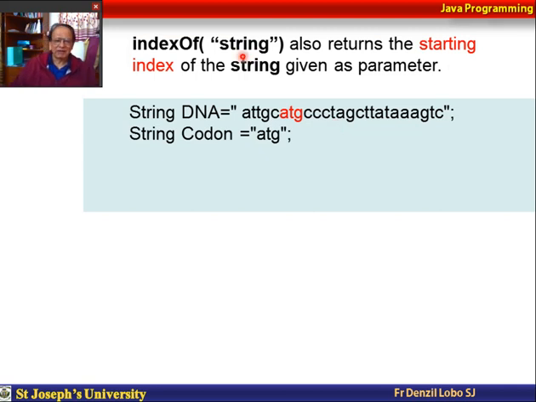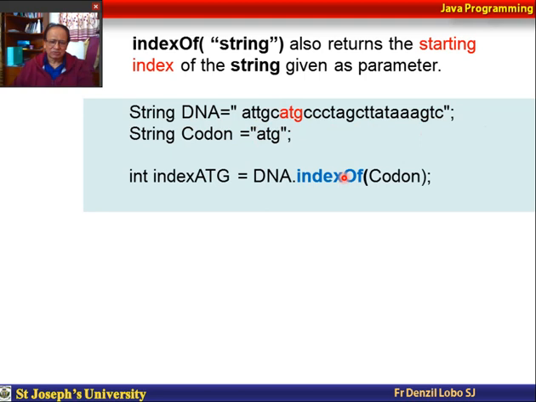For example, indexOf a string also returns the starting index of the string given as a parameter. For example, I have got a DNA sequence here. I want to find out where ATG, the start codon, is present in this DNA sequence. So I say DNA.indexOf(codon).